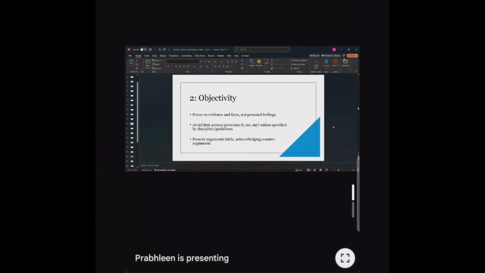There's no I, me, myself, there's no bias, it's very objective. I'm using a formal tone, there is no informal tone or slang. It's very structured, it has a body, an introduction, and a conclusion. Everything that I'm writing is evidence based, backed by figures and arguments. And whatever language, information, or process I'm using, I'm citing it. I'm telling where I got the information from.